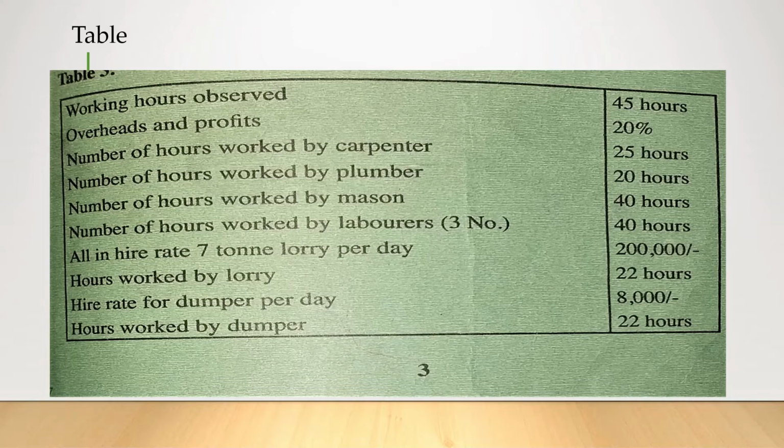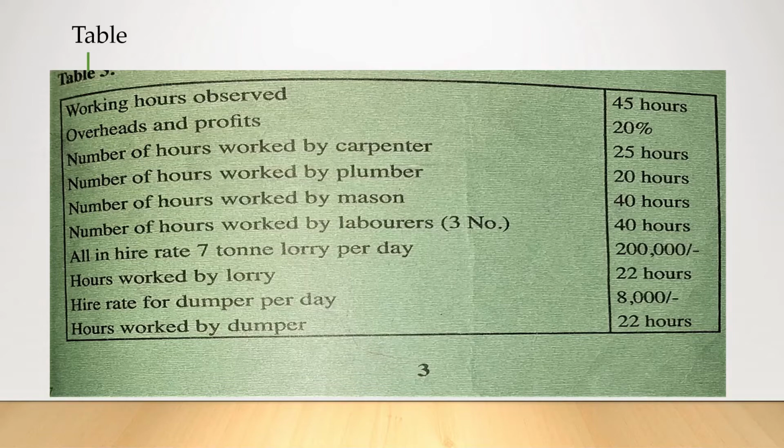So we have this information that we are given. We have the working hours observed, 45. We have the profit and overheads at 20%, the number of hours worked by the carpenter, the plumber, the mason, 20 hours, and the laborers, all at hire rates for a 7-ton lorry per day.